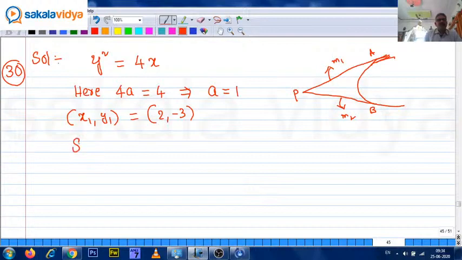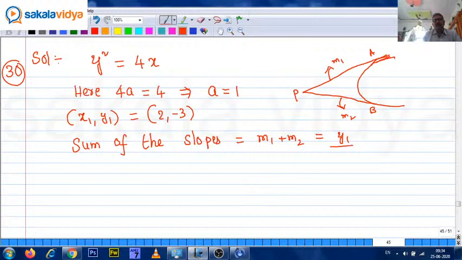So the sum of the slopes, m1 plus m2, we have the formula y1 upon x1, that means ordinate by abscissa, that is minus 3 upon 2. So we got the sum of the slopes.